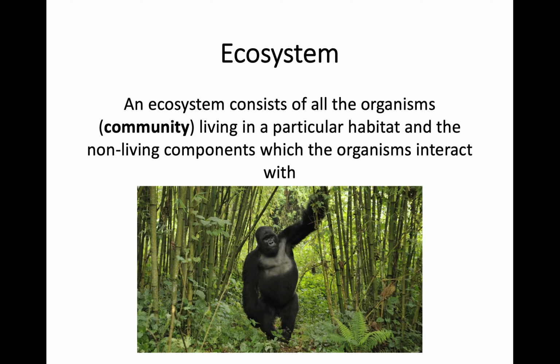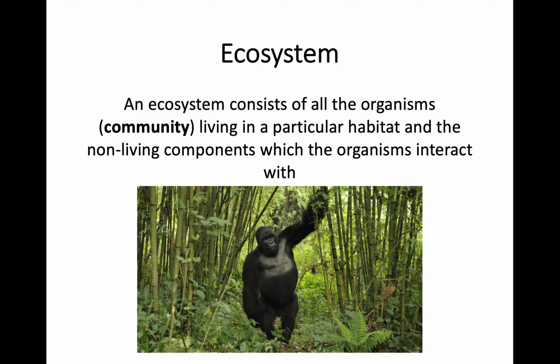So just to start off with, in terms of what an ecosystem is in general, before we deep dive into the components of it, you may remember from National 5 that an ecosystem is made up of all the organisms that live in a habitat. So remember, a community would be all the different organisms. A population would be members of the one species, for example.